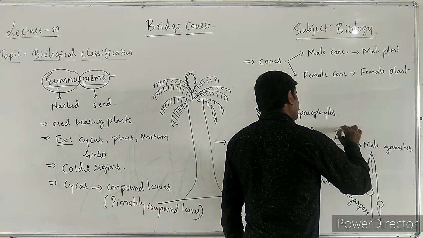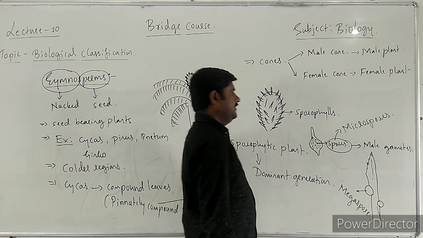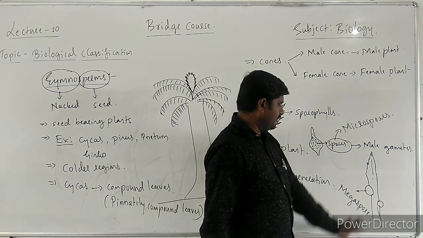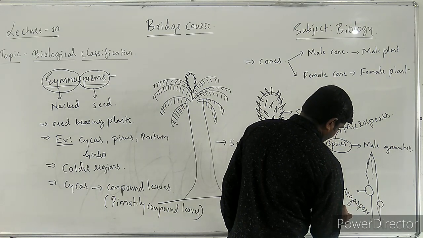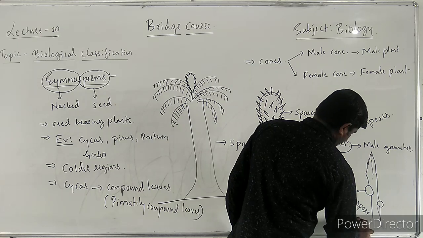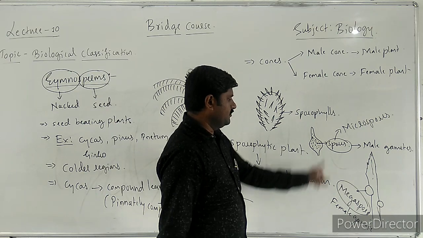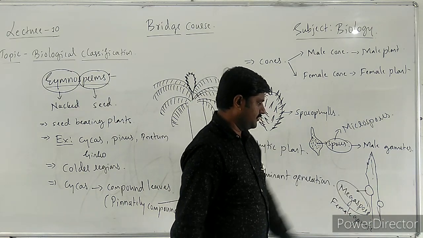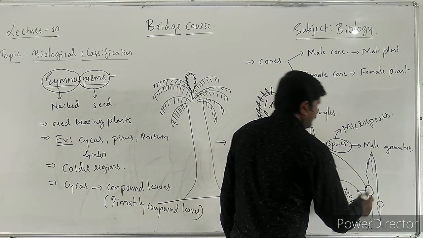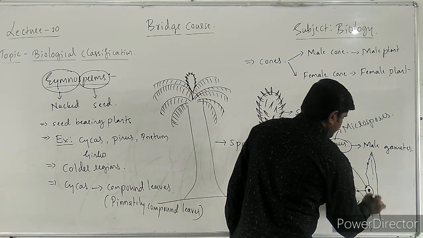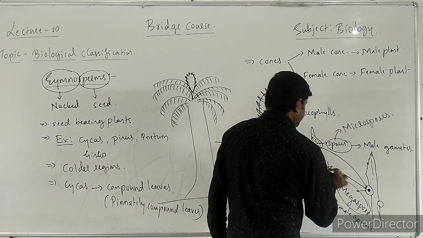These are microspores, right? Microspores act as male gametes. This is the megaspore, acting as the female gamete, and these two fuse with each other, forming a zygote. When the male gamete comes across this female gamete and both of them fuse, it becomes a zygote.